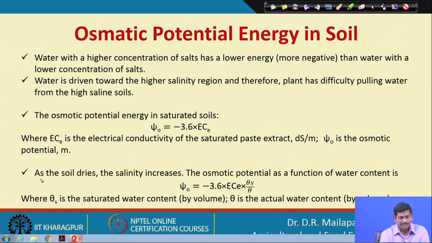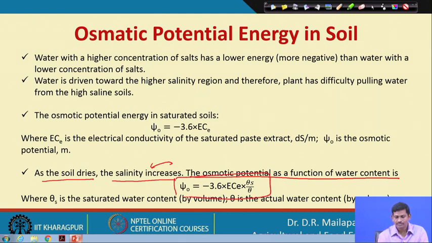So, in dry soils, the salinity increases, of course. Initially if the soil is saturated, keep on drying the soil, so the salinity is going to increase. The osmotic potential is a function of water content. So, using this theory, you can also append the water content values to the equation.